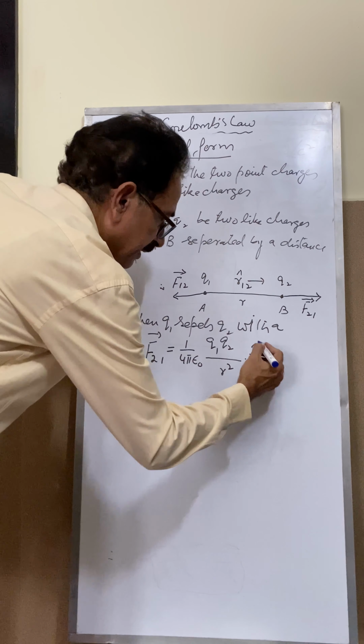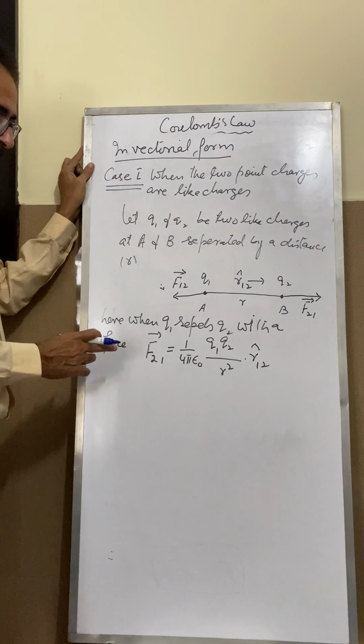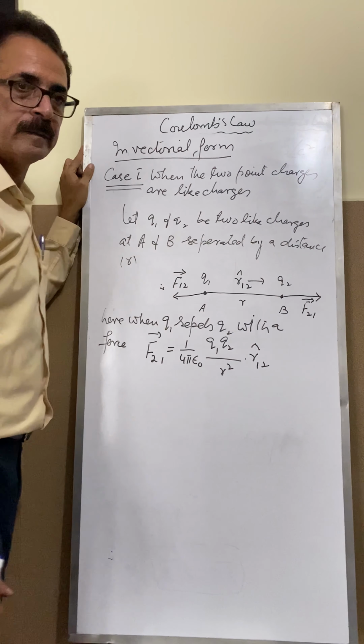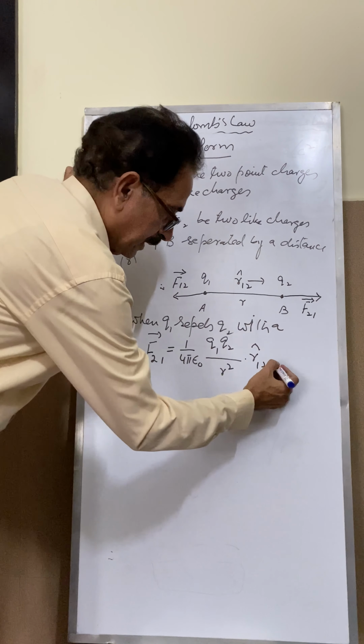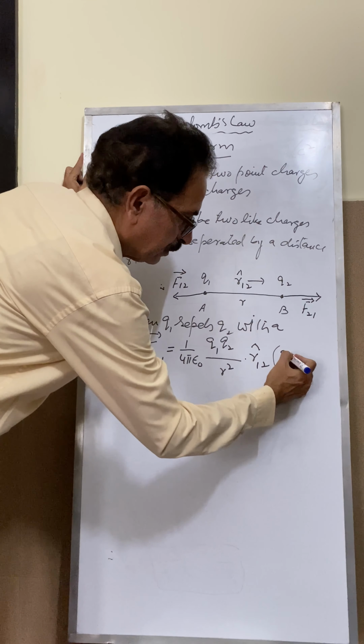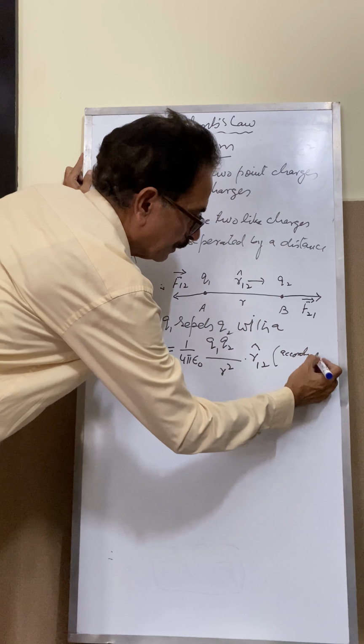R12 cap is a unit vector which shows the direction of the force from Q1 to Q2. This is according to Coulomb's law.